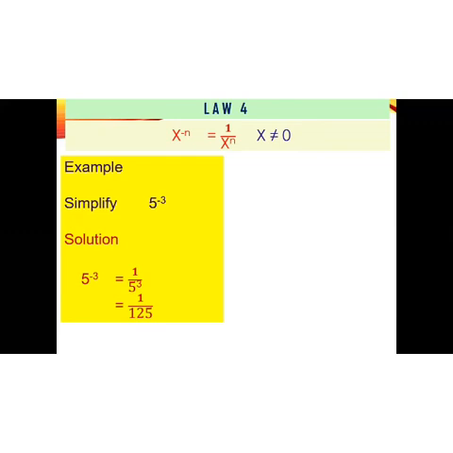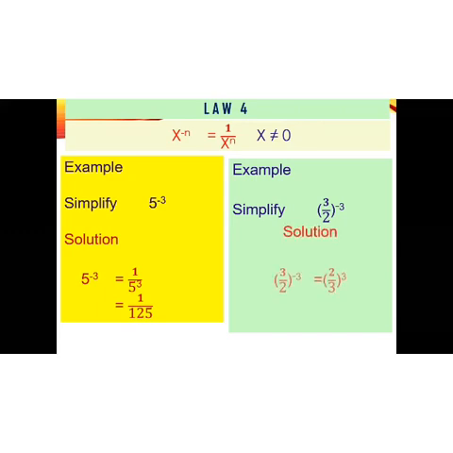Okay, so let's look at another example that involves a fraction now. In this case, we have 3 over 2 raised to the power of minus 3. To get rid of our negative power, what we need to do is get the reciprocal of 3 over 2. So we're going to switch places. The numerator becomes the denominator and the denominator becomes the numerator. So instead of 3 over 2, we would now have 2 over 3.